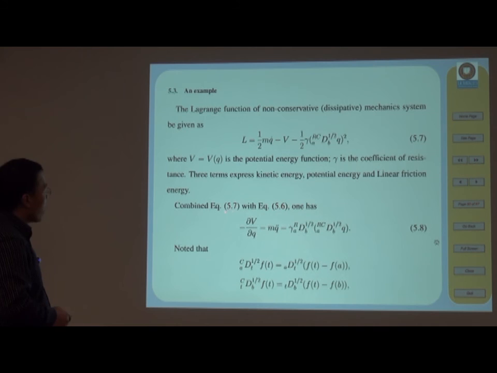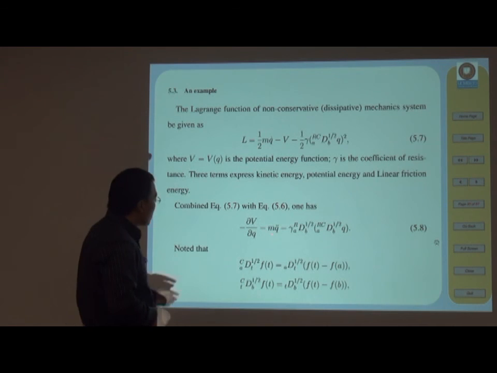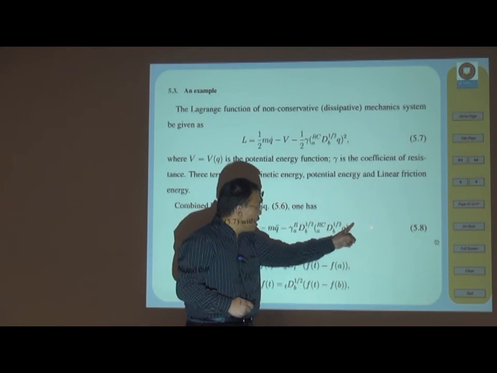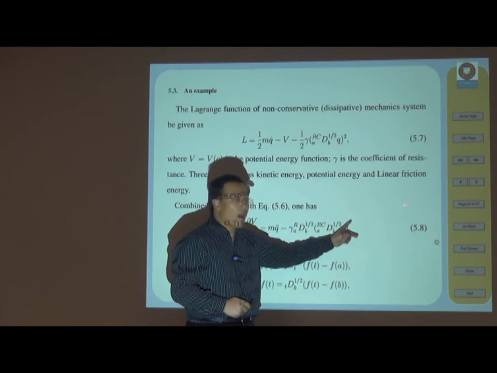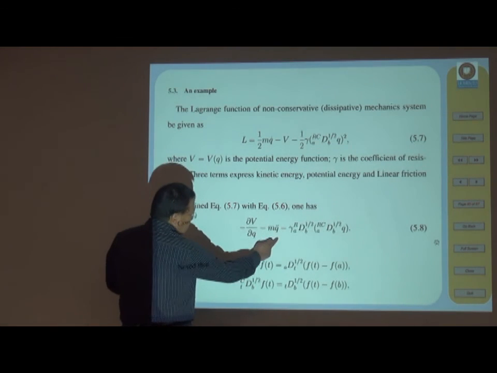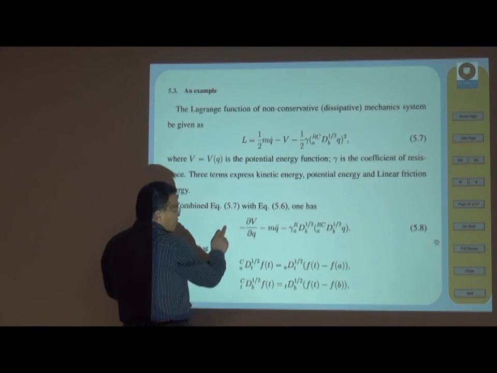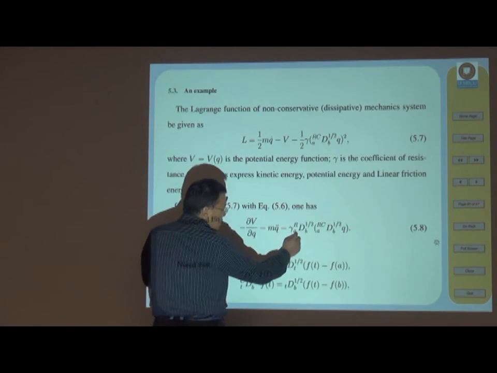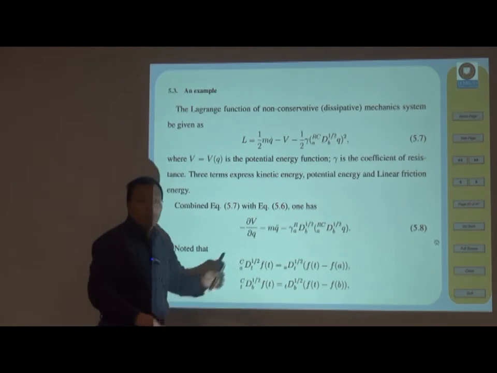And we combine it in this formula and with formula 5.6, we can get this equation. Here is equal to 0, equal to 0. Under this term, we are familiar with it, and now we consider the third term.